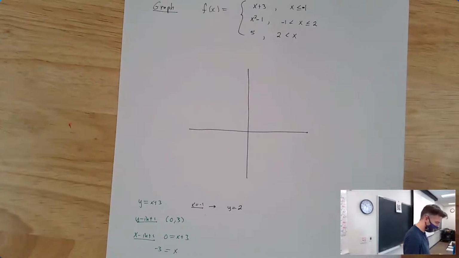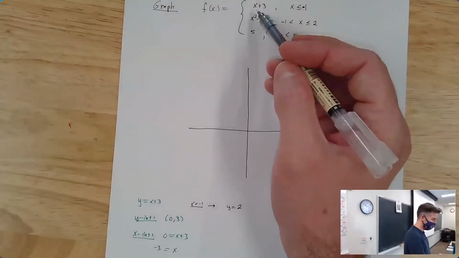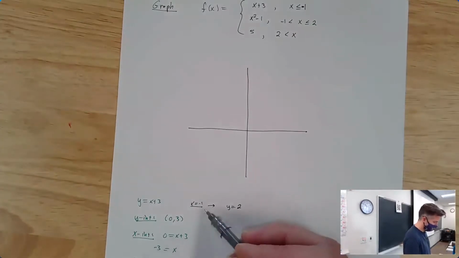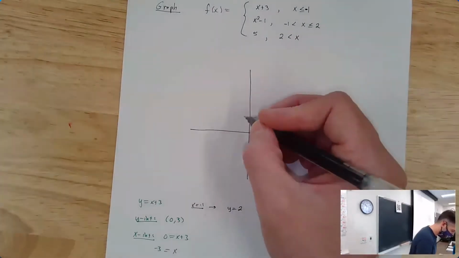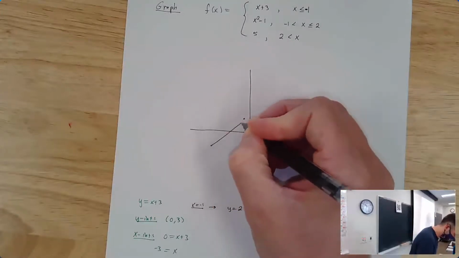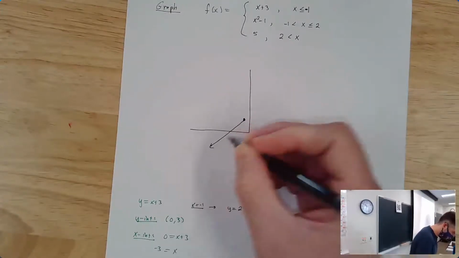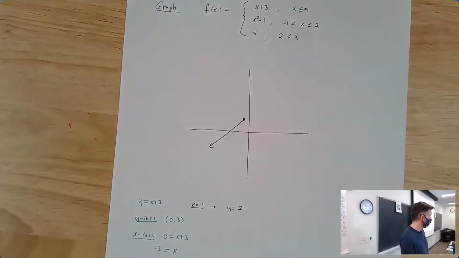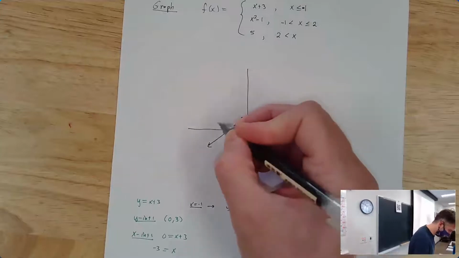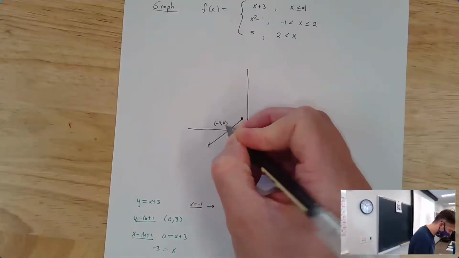So here's what I'm going to do when I draw this first piece, which I know is a line. I'm going to draw the point (-3, 0) and (-1, 2), and I'm going to try not to be super precise about it. I know I include that point because it is included. So here is my x-intercept, (-3, 0).